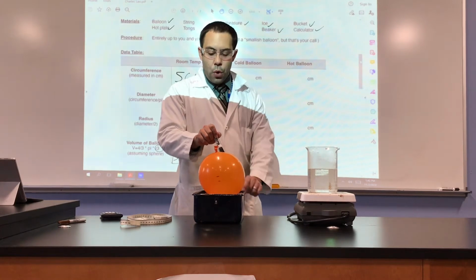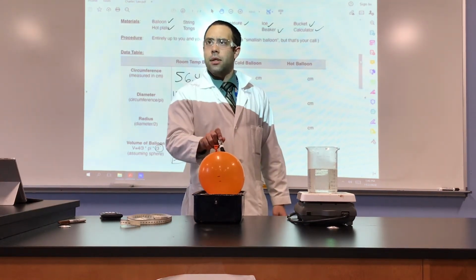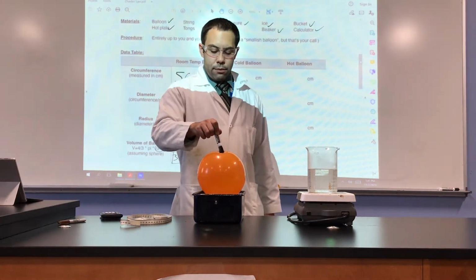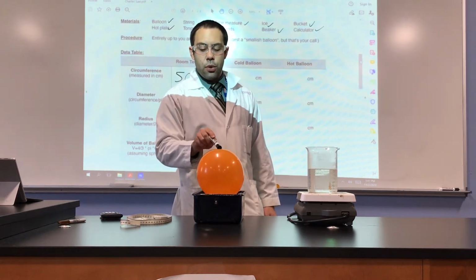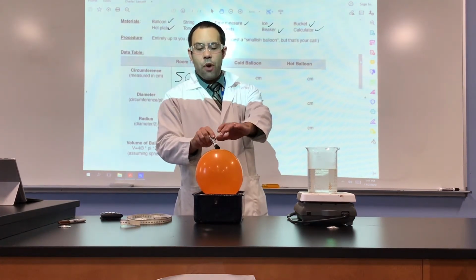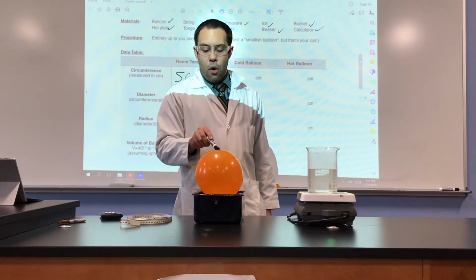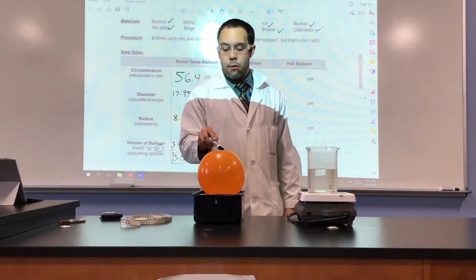So here we have cold ice. We do not want our body heat to affect our results. So rotate it again. By holding the expo marker and having that touch the balloon, my body heat's not going directly from my hand to the balloon. Hopefully the marker is absorbing some of my body heat. Remember, this marker is made of plastic.